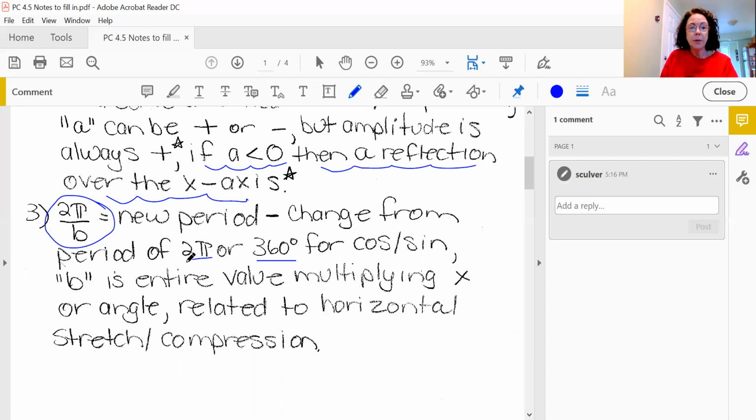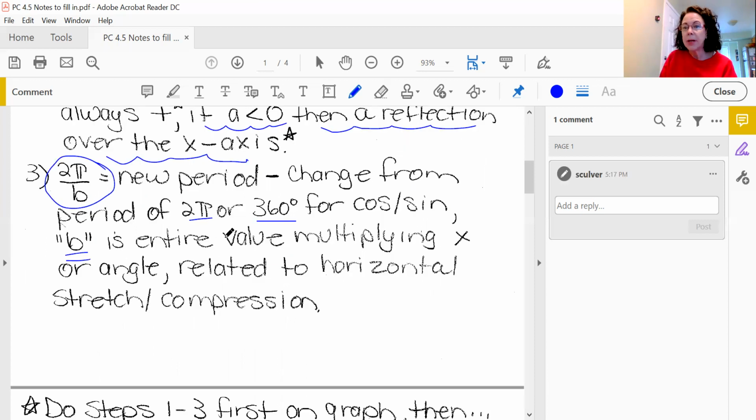Has the period been compressed, horizontally compressed to be less than 2 pi? So again, B is the entire value multiplying X. So if you see the angle being divided by a number, it's actually being multiplied by a fraction, okay? And again, this new period is related to a horizontal stretch or compression.